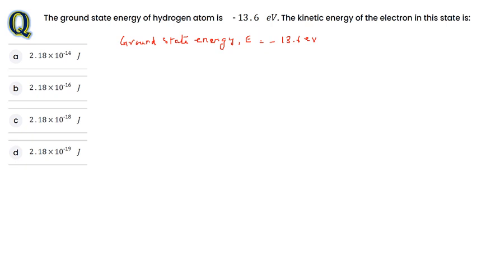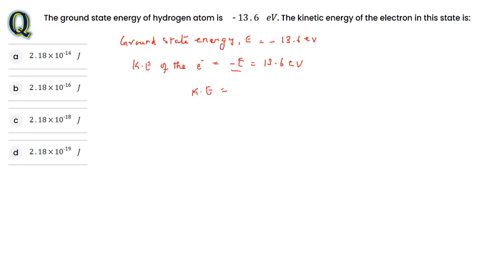Now at this state, the kinetic energy of the electron. I just mentioned this one, this is minus E, so that is minus 13.6 electron volt. Now kinetic energy is equal to minus E, that is in the ground state.